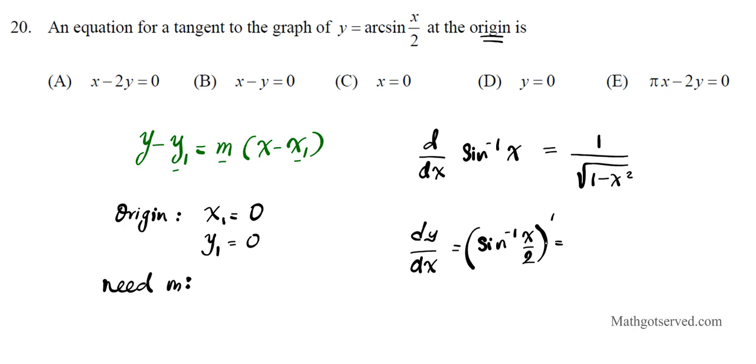Differentiating the outer function, we have 1 over the square root of 1 minus x over 2 squared, times the derivative of x over 2, which is simply 1/2.